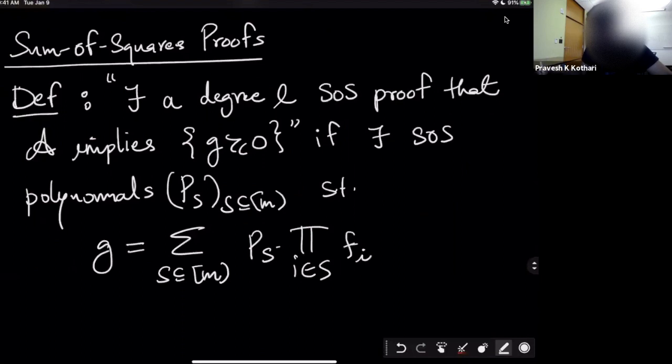So let's point out, this is a multiset, so you can use the same index multiple times.